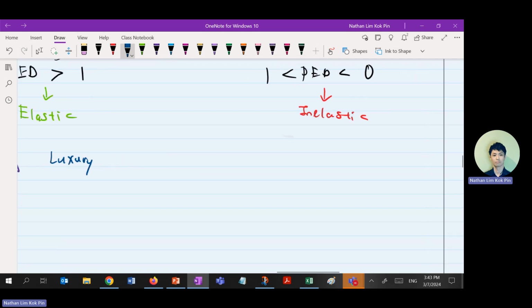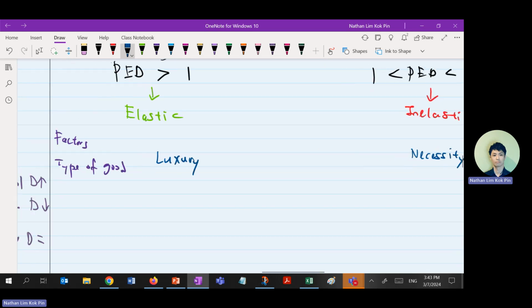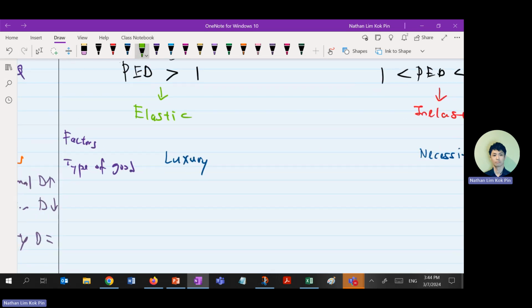If it's inelastic, the good must be a necessity. Second, we can talk about their income level. Ladies and gentlemen, please take note, income level is different from income in the definition of demand. Do you think your seniors wrote wrongly before? Yes, a lot of times. So take note.